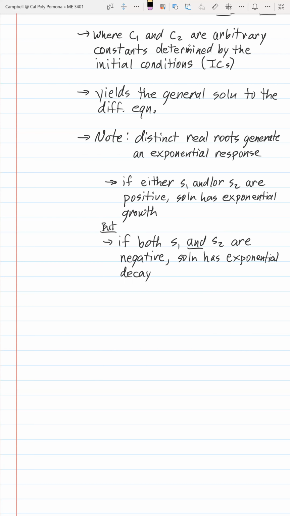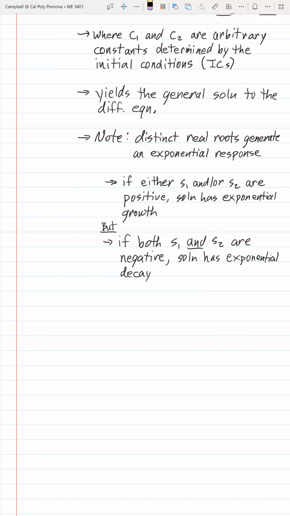And so for us to have a stable response, that means that we cannot have the real components of any of our roots being positive. In other words, they have to be negative or just purely imaginary.